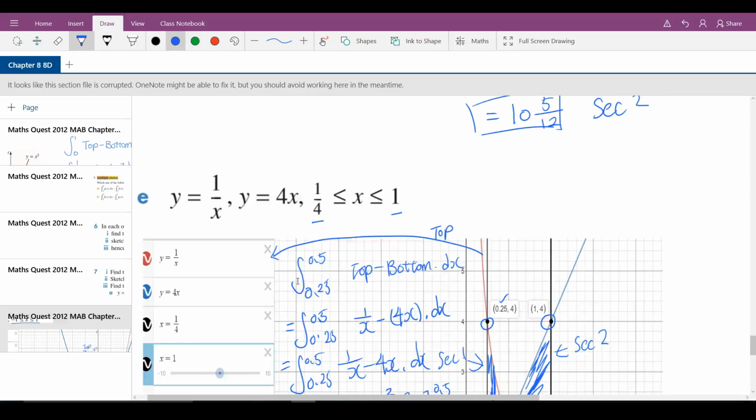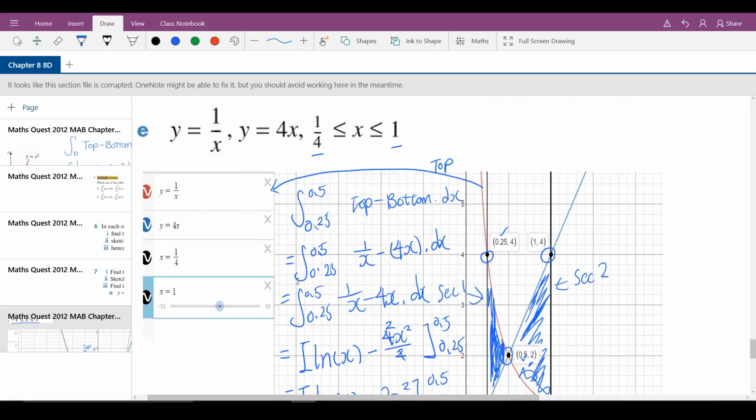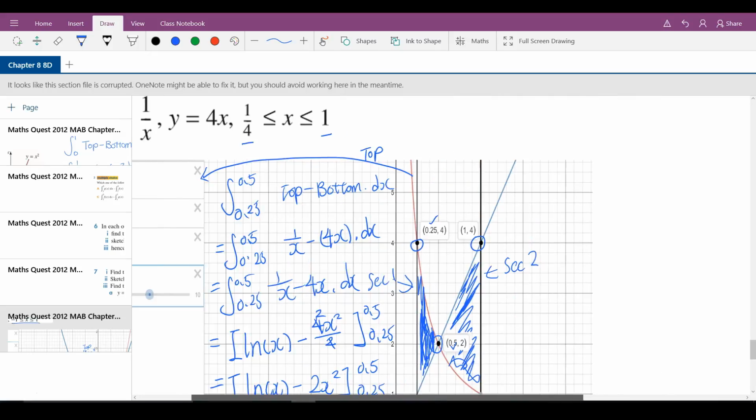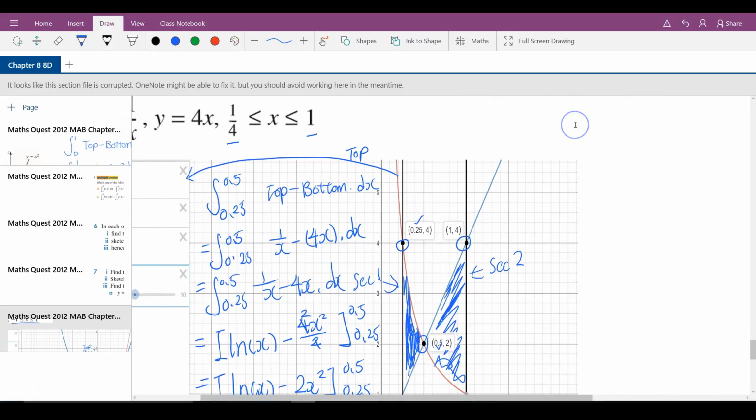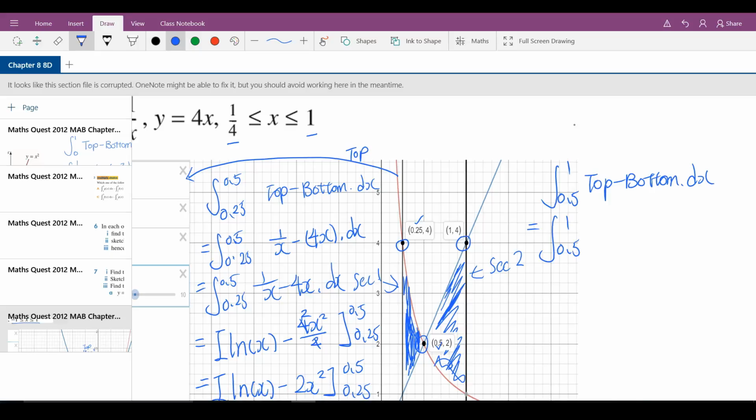All right, let's go section 2. Section 2 is from 0.5 to 1, right? So 0.5 to 1, top minus bottom. Which one's on top? It looks like the 4x function is on the top now, so y equals 4x.